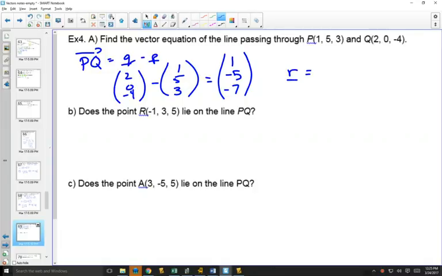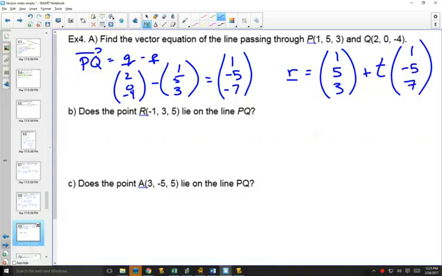So then our equation of our line in 3 dimensions, choose either one of those points, and then add your direction vector. Now, if a point is on that line, then there has to be a value of t that makes that work.